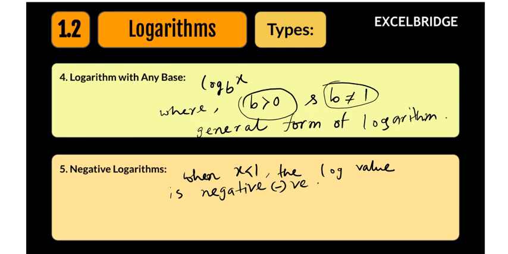For example, log 10 of 0.1. When x is less than 1, the value will be negative 1.